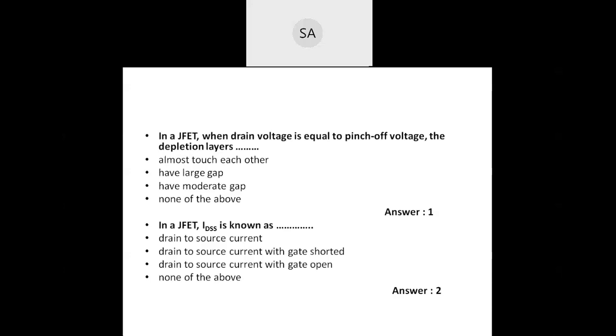These are the discussions we have covered. So what topics did we discuss? We have discussed the pinch off voltage of JFET. What is the pinch off voltage definition? Once again, I am repeating the definition: the drain to source voltage above which the drain current becomes constant is known as pinch off voltage.